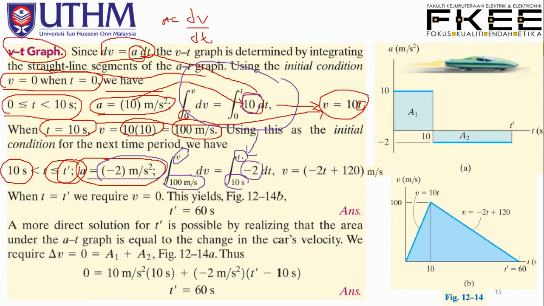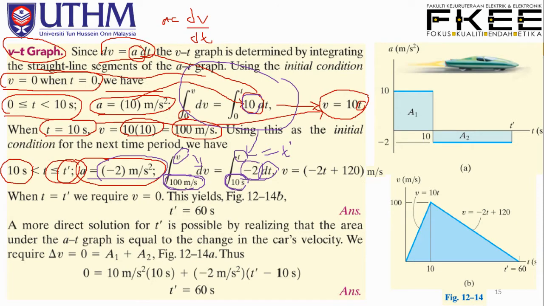This t is actually equal to t prime, the new t where the car stops. Then solving this, we get minus 2t plus 120. So try to solve this, and substitute the value of 100 into this v, and similarly this 10 into this t.